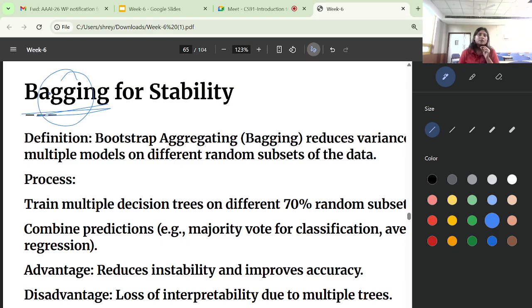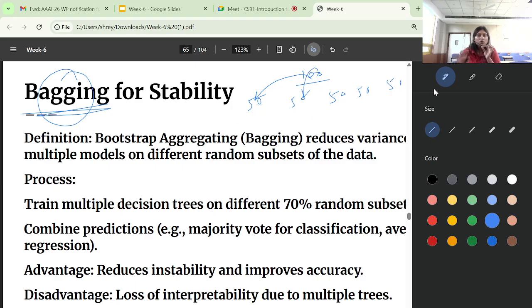What bagging does is, bagging means create bags. I am creating multiple random subsets of the data. Let's say I have 100 total rows and 5 data subsets. The first subset is of 50, the second is of 50, the third, the fourth, and the fifth are each of 50. I have chosen some 50 random rows here, and some 50 random rows here.